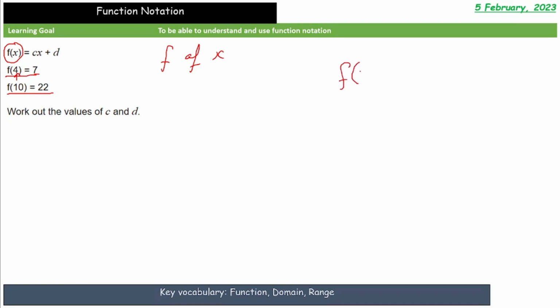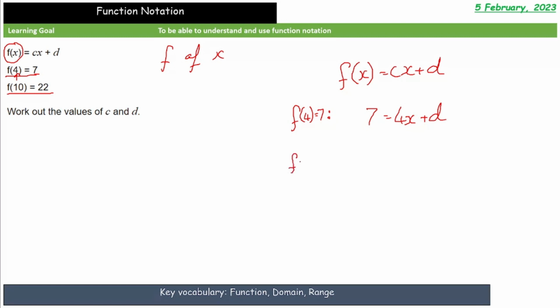So when our input is 4, I'd replace my x with 4, and the output of this equals 7. Because all I've done is replace my x with 4 and my f of x with the actual output, 7.